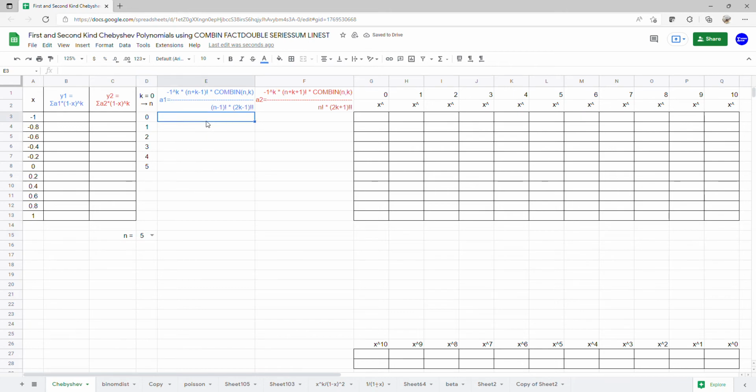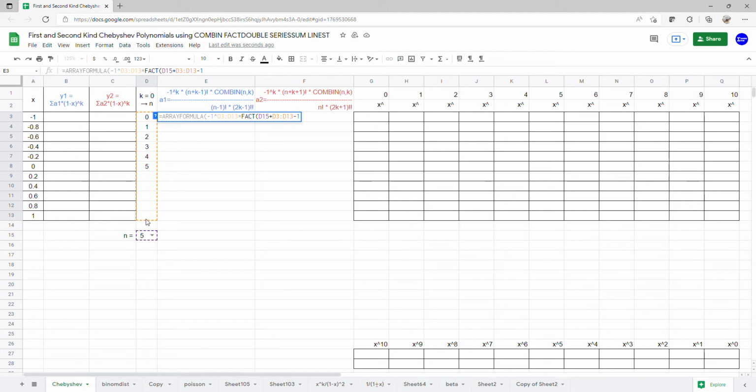Now the first kind expansion coefficient. So this is the array formula. Minus 1 raised to the power k. That's the first part. Times the second part: factorial n plus k minus 1.